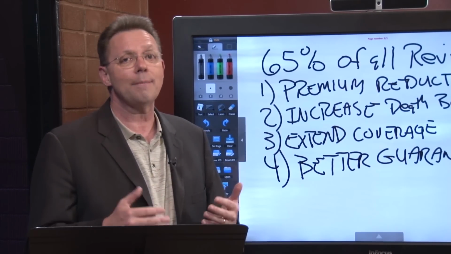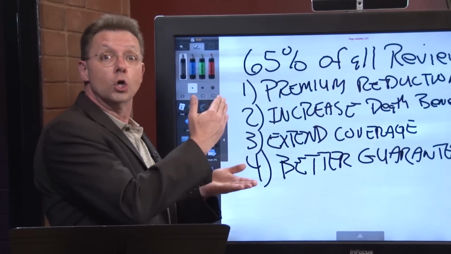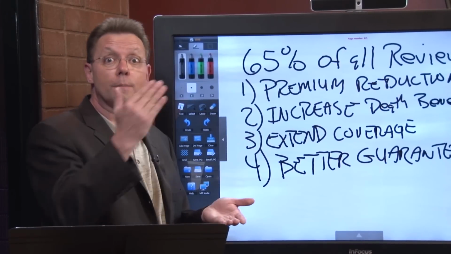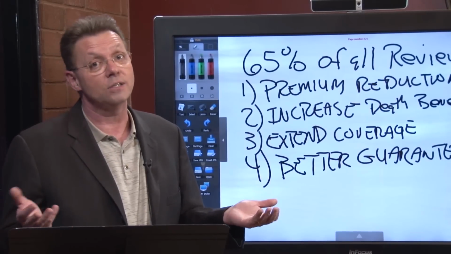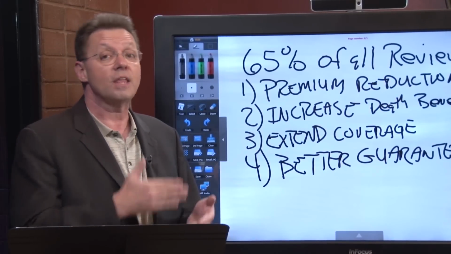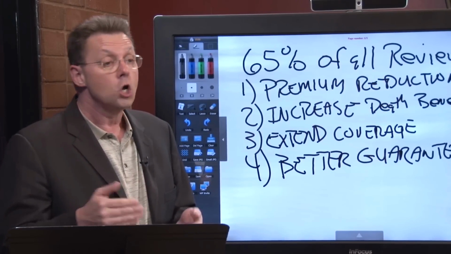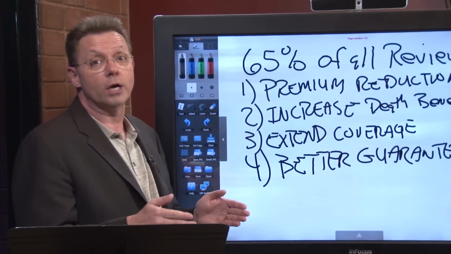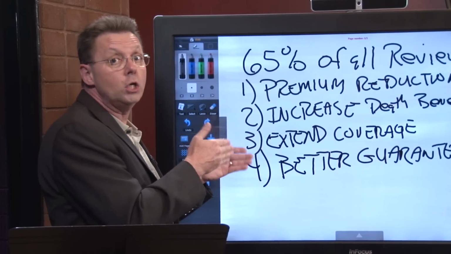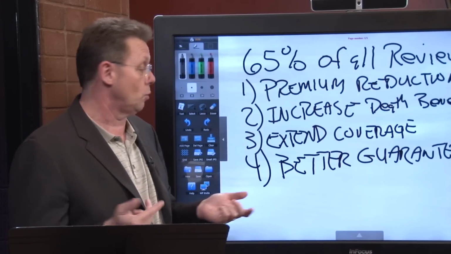I also saw another carrier recently whose term portfolio used to convert to their permanent line of product. But now their permanent product is at its guarantees, so people became nervous that they wouldn't be able to convert their term to a quality product any longer. So they can take a different position and go to a carrier that will let them convert to a pretty good permanent policy for their term if they elect to do that.